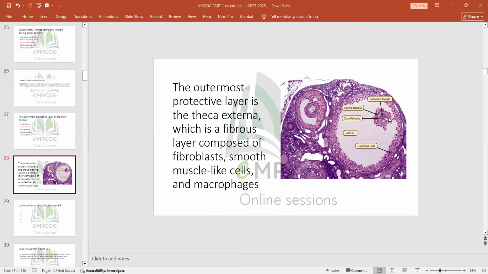The protective layer around the ova is the zona pellucida, and this is the layer that the sperm is going to penetrate. The sperm has no difficulties penetrating the corona radiata, but it needs specific enzymes to lyse the zona pellucida. So the zona pellucida is a protective layer around the ova.